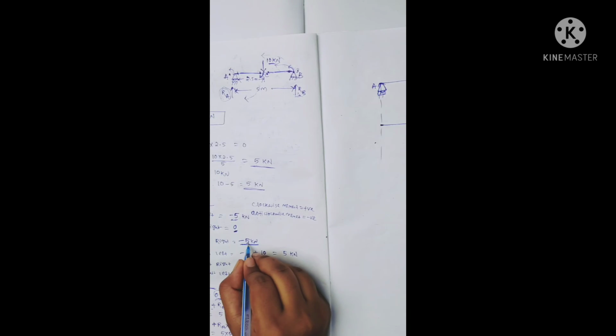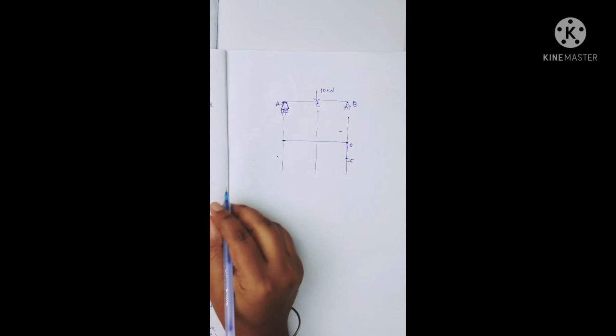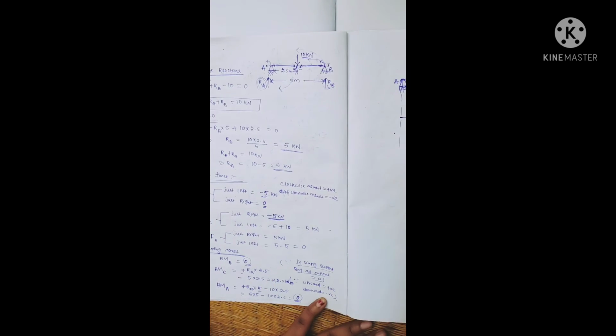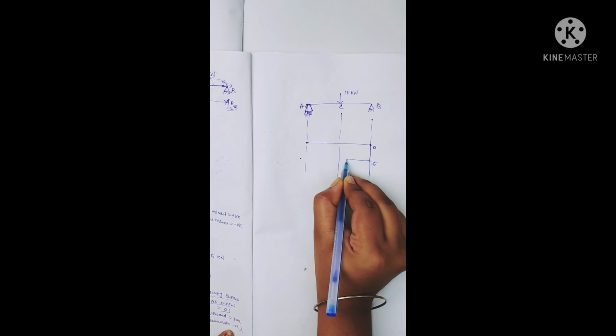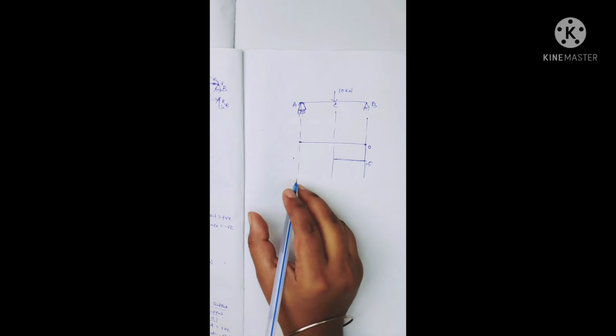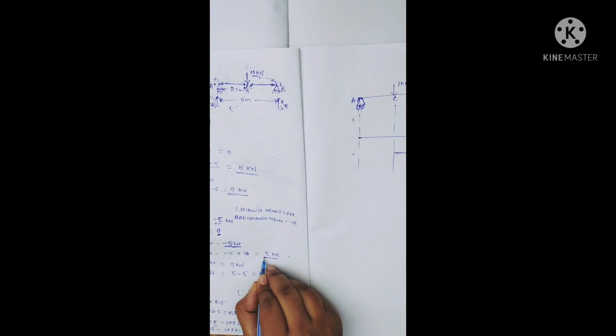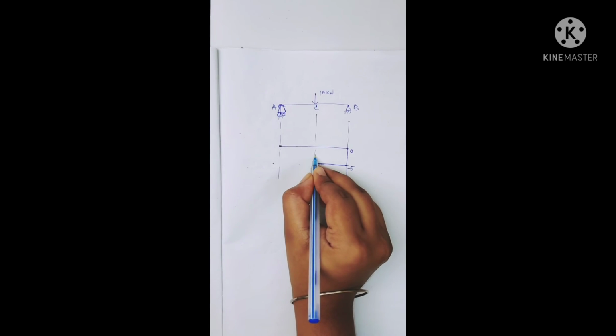Next at point C, it will be minus 5. So just continue this line up to point C, and just left of the section it is plus 5. Okay, so it moves upward.